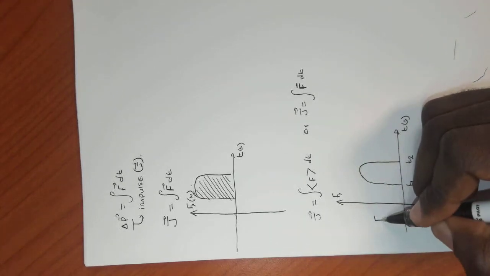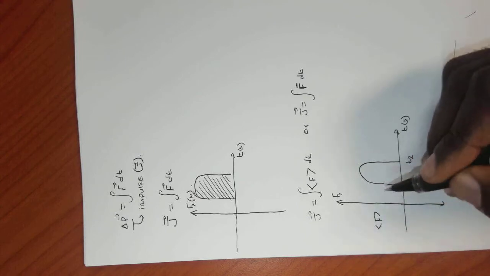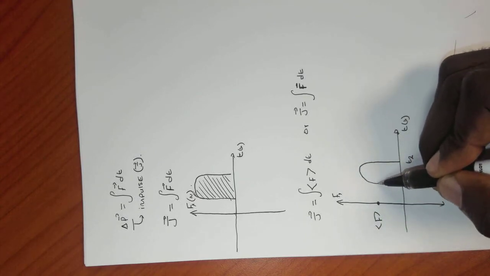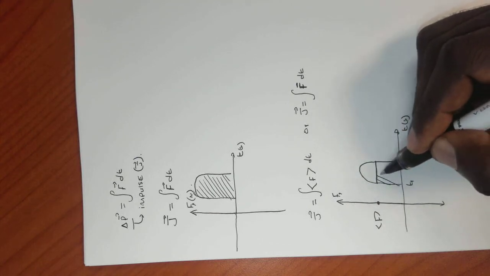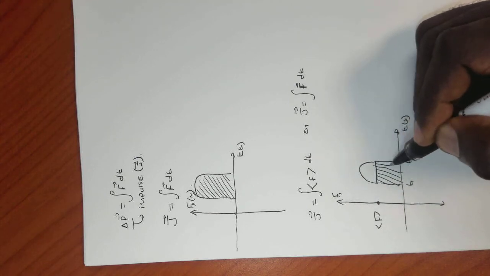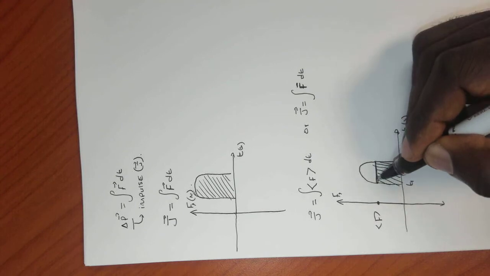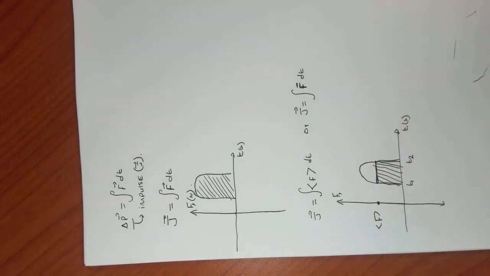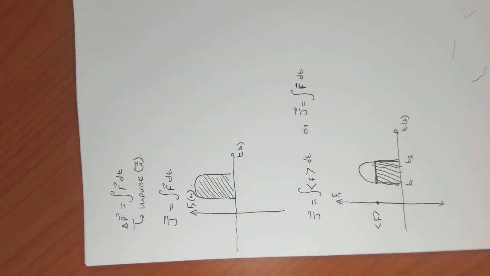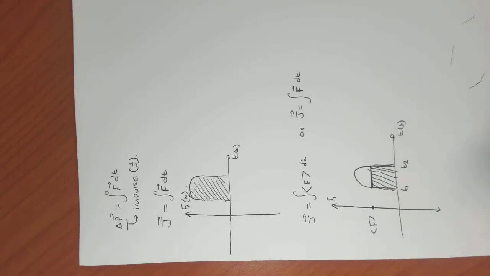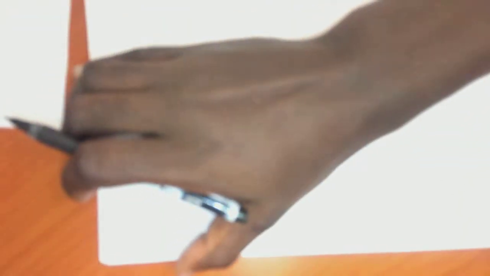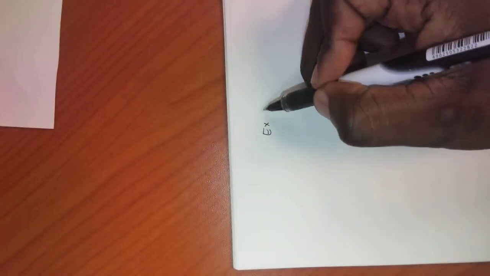So you apply a force which is constant, and the impulse will be the area under the curve. So let's see if you understand. Let's do an example that should bring you into speed. This is an example.